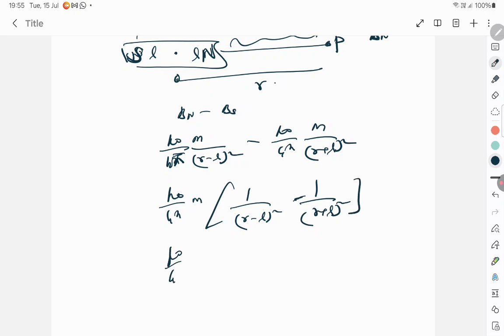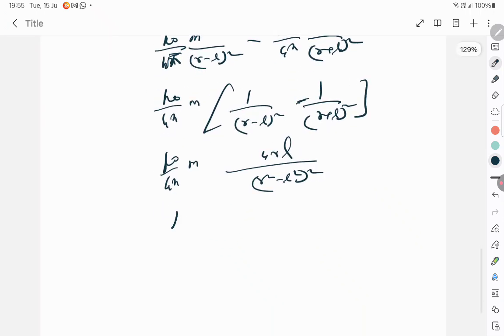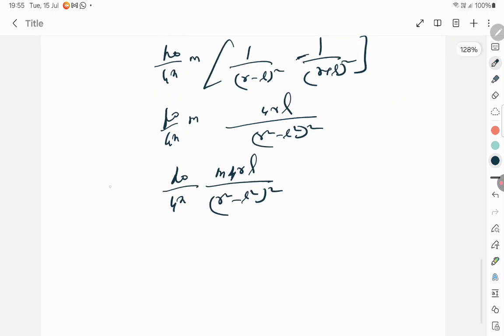Then the LCM is r square minus L square the whole square, and the numerator is 4rL, and so mu naught by 4 pi into m into 4rL by r square minus L square the whole square is the magnetic field along an axial line.